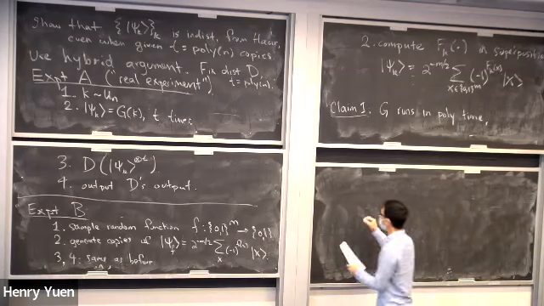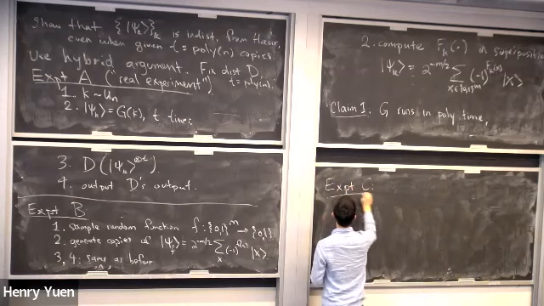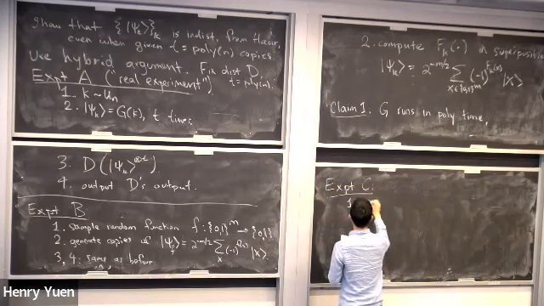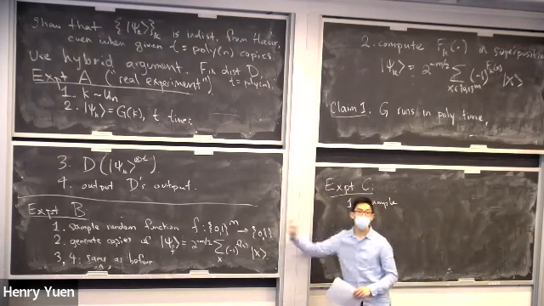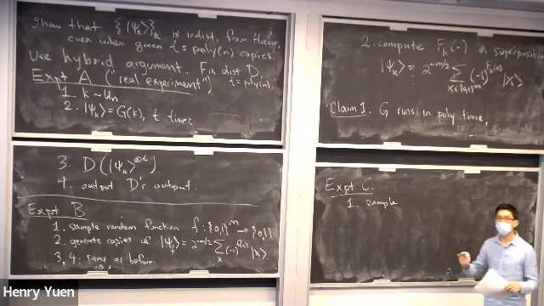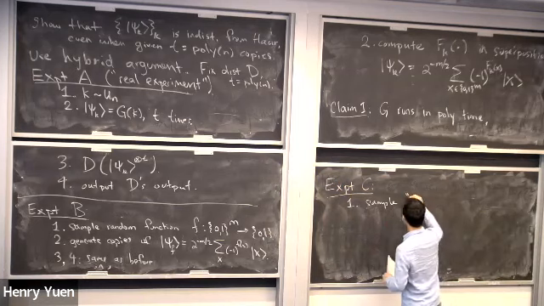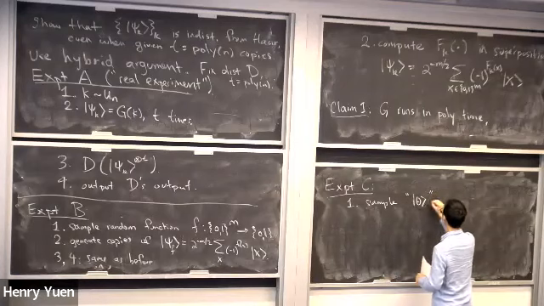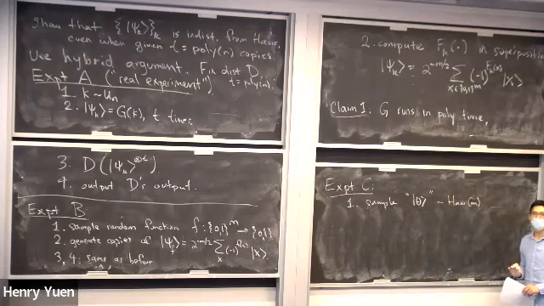And then finally, we have experiment C. Which is, in the first step, we're not going to sample a random function, but we're going to sample in our heads a classical description of a Haar random state. We're going to sample this theta from the Haar measure on m qubits. Again, this takes exponential time.